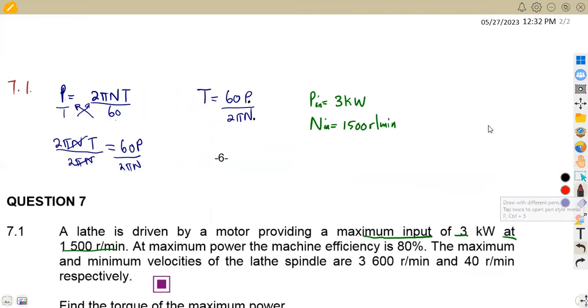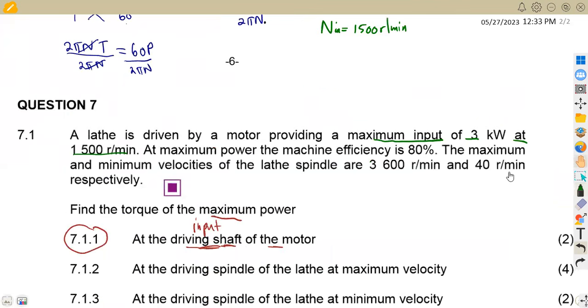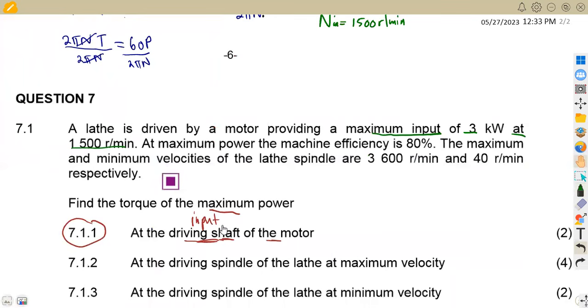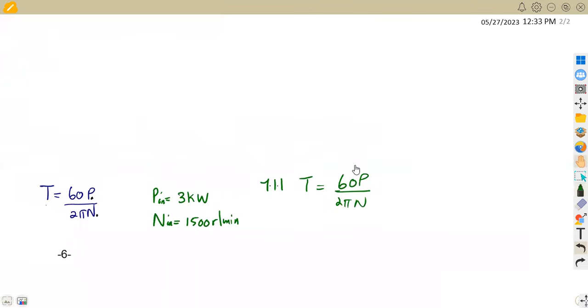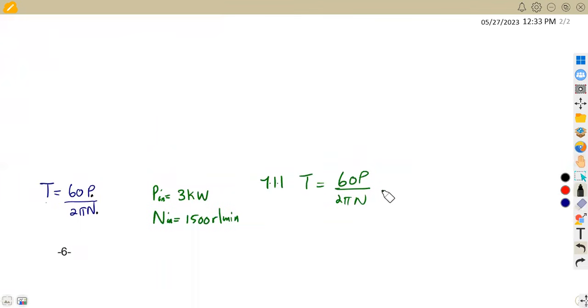Okay, so here we have 7.1.1. Our T, like I formulated here, can be given as 60P over 2 pi N. But we are talking about the input here, the input power at the input speed that corresponds. So we take this information as it is: this is going to be P in, and this is going to be N in.